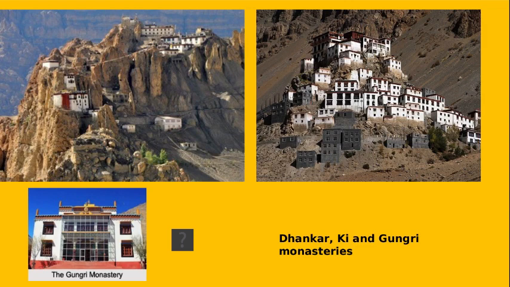Even in Sokar, or Tso Moriri Lake, there was a lama who had graduated from this Gompa. And this is the bottom monastery, the Gundri monastery, which has now been recently renovated.